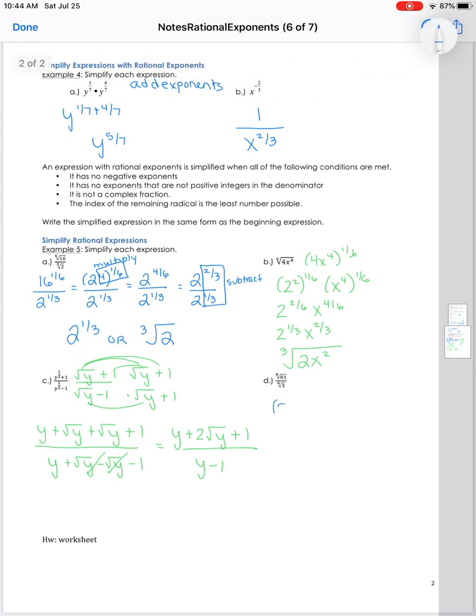If I keep going with FOILing, there's my numerator. Denominator, plus radical y minus 1. So I get y plus 2 radical y plus 1 over y minus 1 for my final answer. If you want to leave it in 1/2, that's fine as well.